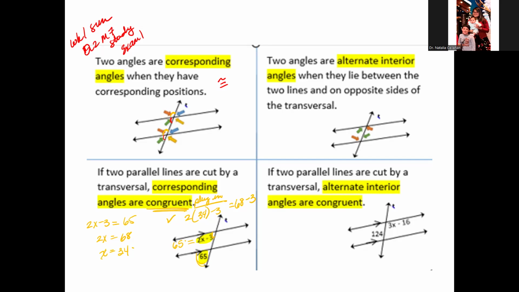Ready now. That's it. So what's 68 minus 3? Is that 65? Is it the same? Yes. So that's how you check, okay?